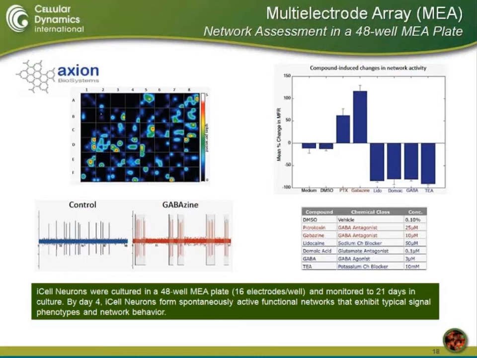Now that we've gone over the basics of CDI and the iPS cell technology, we'll move into the characterization of the iCell neurons. As we've highlighted all of our different cell types, the iCell neurons will come as a cryopreserved and ready-to-use single cell suspension.